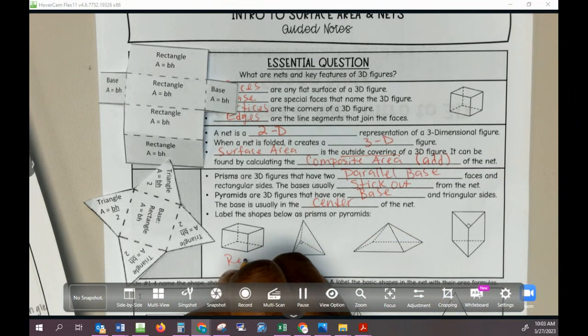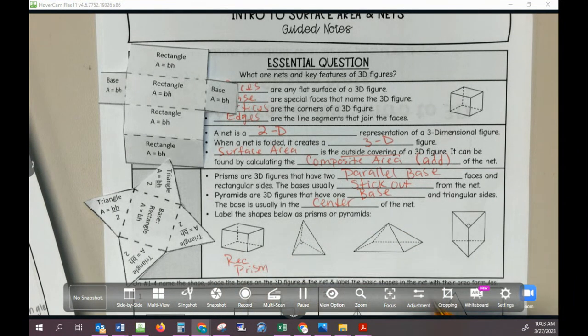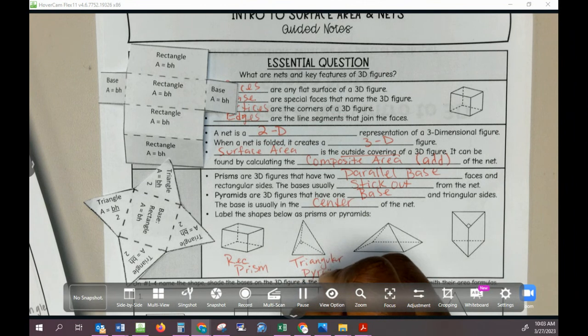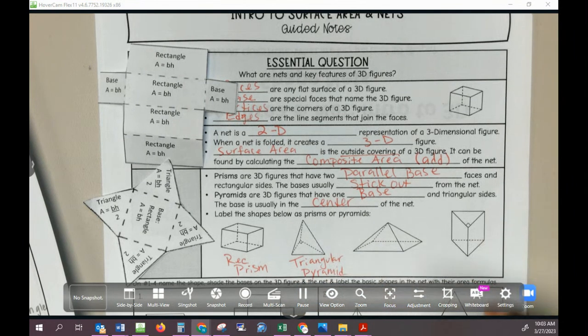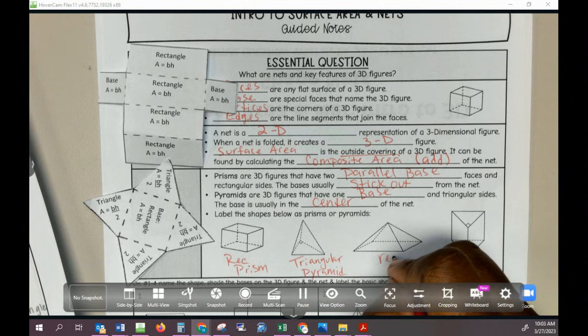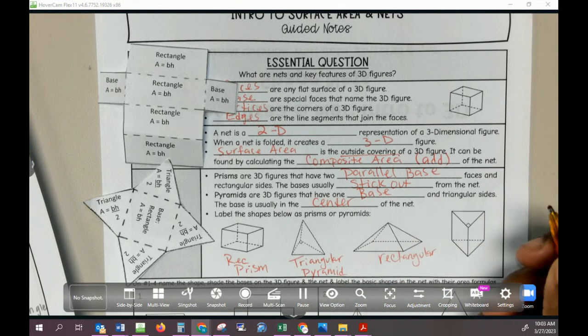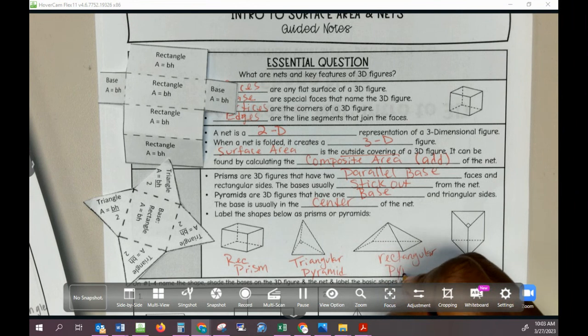So we know that this is a rectangular prism. We know this is a triangular pyramid. Right here is a rectangular pyramid.